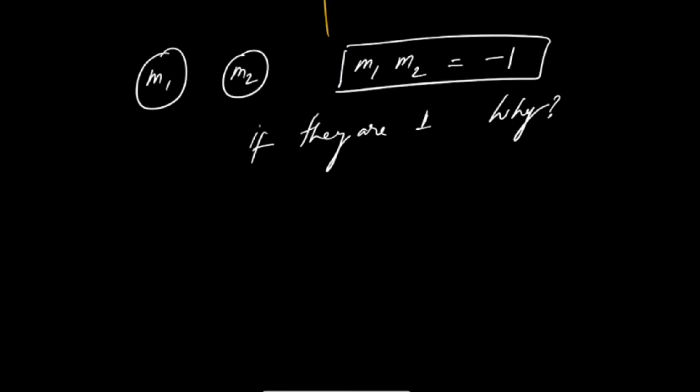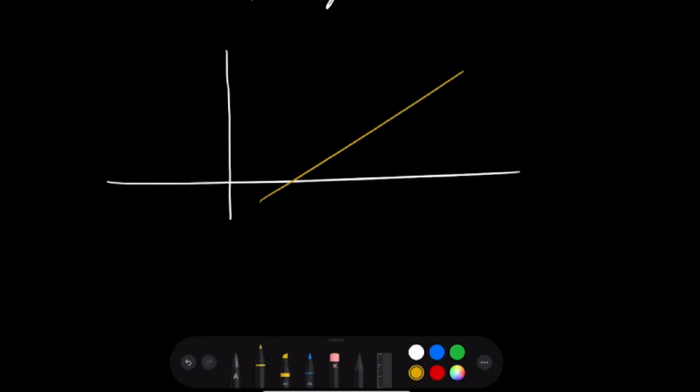Let us see. Suppose this is one line, let us say that is line L1. I'll draw another line, say that is line L2. This line has slope m1 and this line has slope m2. Correct? Now, it is clear that the angle between them is 90 degrees, because they are perpendicular.